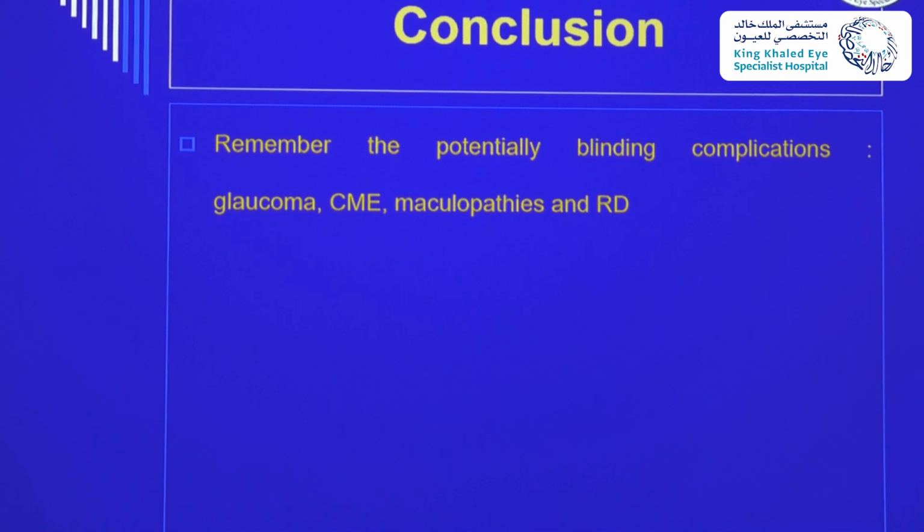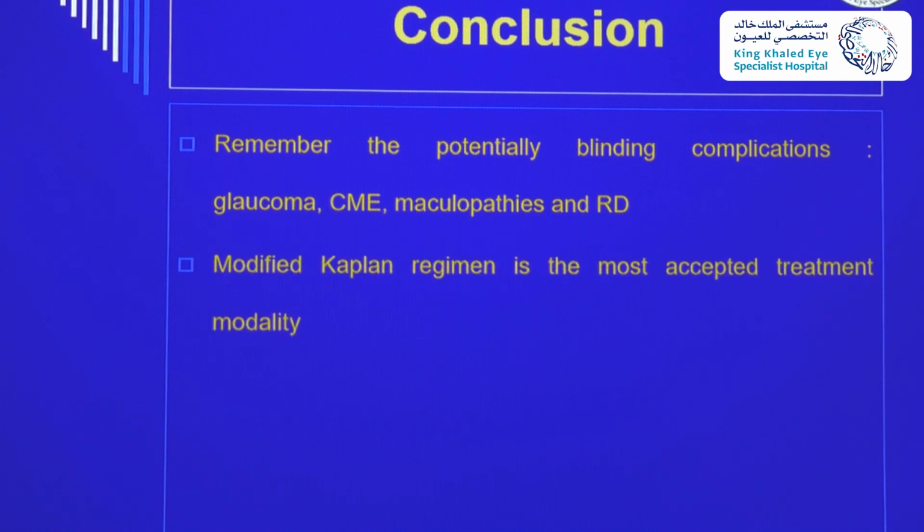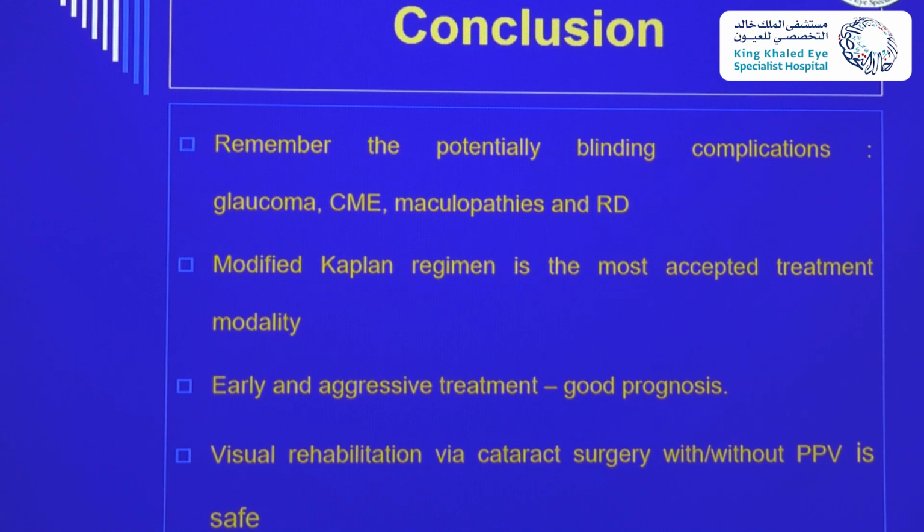You have to remember the potentially blinding complications of intermediate uveitis, including glaucoma, cystoid macular edema, macular ischemia, and retinal detachment. Modified Kaplan regime is the most accepted treatment modality for intermediate uveitis. Early and aggressive treatment usually carries a good prognosis. And lastly, visual rehabilitation through cataract surgery with or without pars plana vitrectomy is a safe method of treatment in these patients.